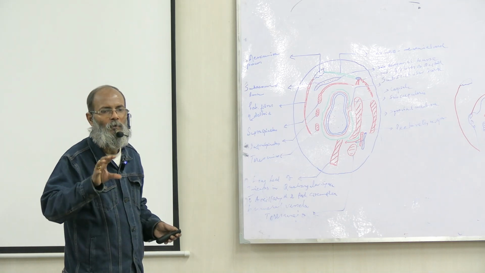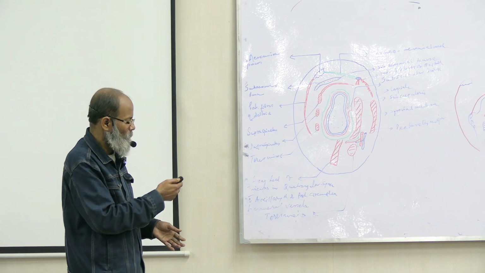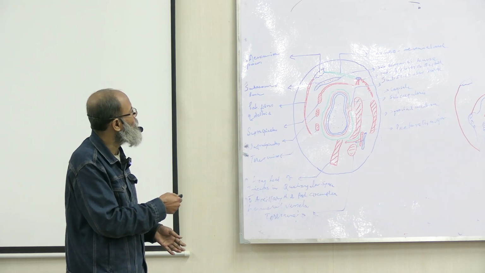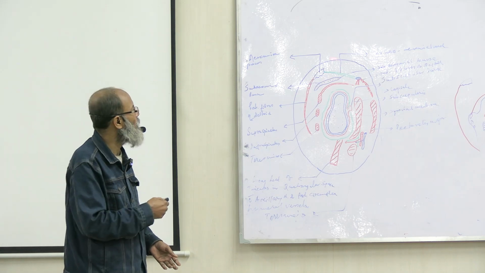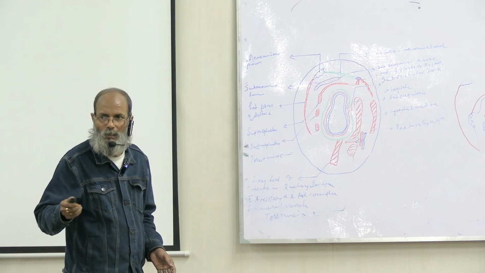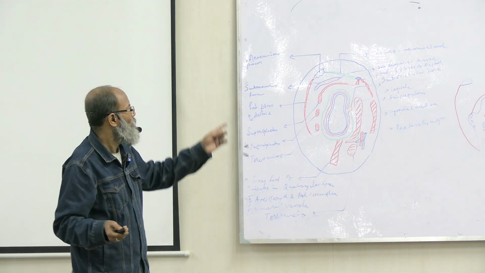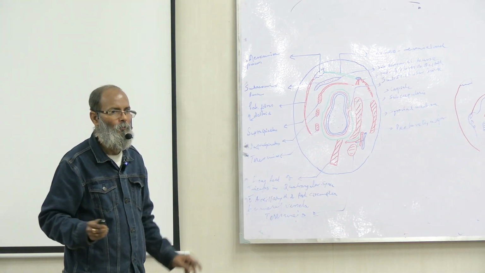There is some problem in our book, that this part is drawn as trapezius. You will see this part is shown as trapezius. No. This is the anterior fibers of deltoid. This is shown wrongly in the books.